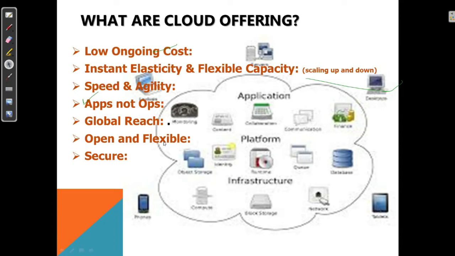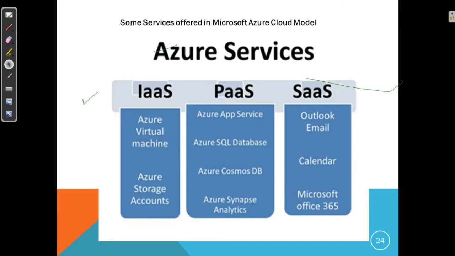Now we will see one by one what exactly these three different service models offer in Azure. These are some of the services offered in the Microsoft Azure cloud model. You can see all the services offered by Azure, and we have categorized them as IaaS, PaaS and SaaS services.